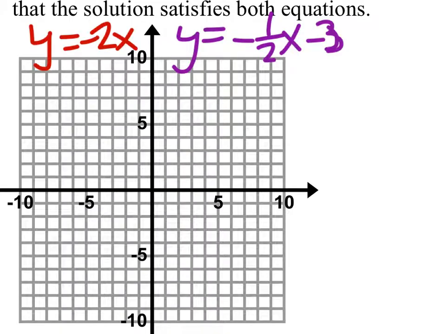Here we go. All right, so here's our two equations. And the red one, this one is in slope-intercept form. The problem is it doesn't show the plus b stuff, which means that it's really adding what? 0. Very good. So the red equation will have a y-intercept at 0, 0, which is the origin right here.